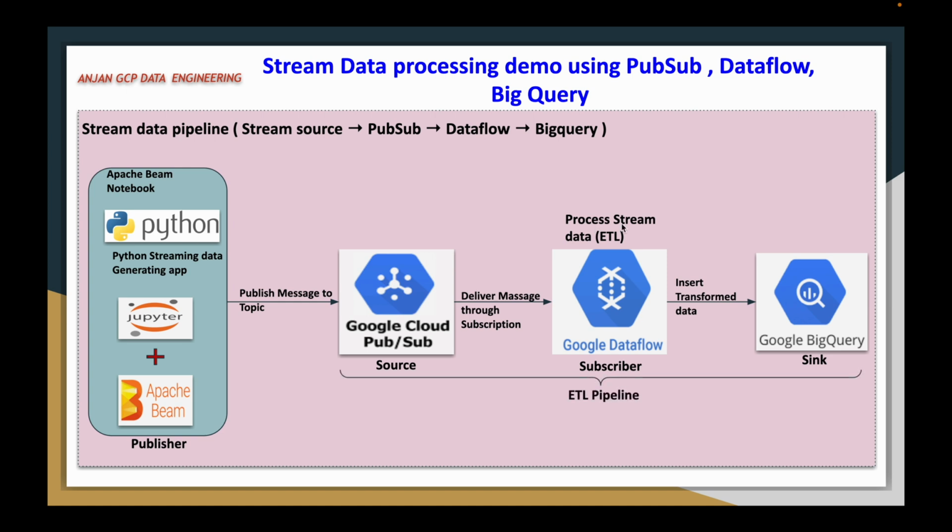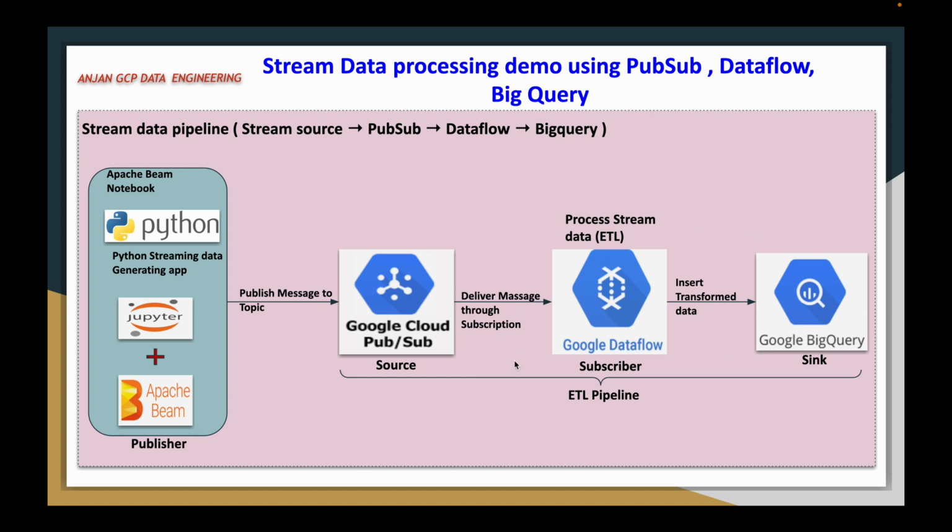In PubSub terminology, our Python stream program is acting as a publisher and Dataflow is acting as a subscriber. In Apache Beam pipeline terminology, the PubSub topic is a source which continuously sends messages to Dataflow to process, and we have a sink, which is BigQuery, where we insert our transformed data for further analysis.